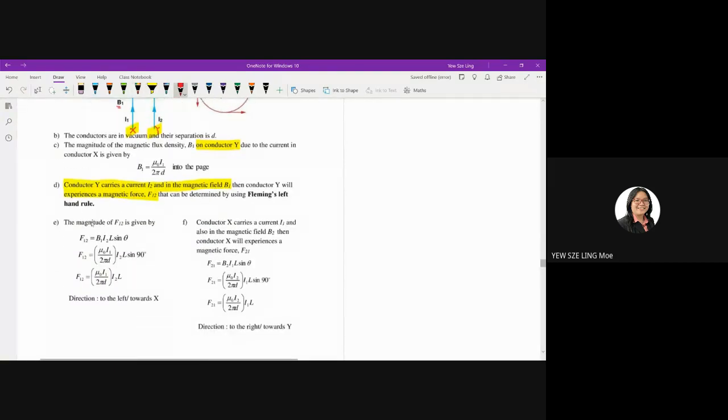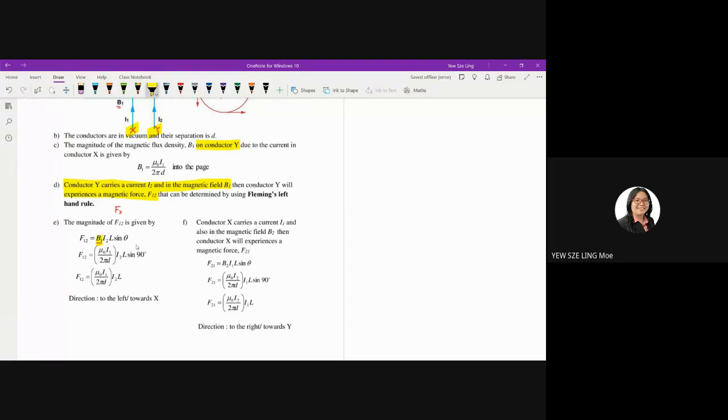All right. So the magnitude of the force is given by F equals BIL sine theta. But remember, F acting on conductor Y, atau kita kata kalau nak senang kita kata F2, F2 yang dihasilkan oleh conductor Y, it is because of the field coming from X, that's why you have B1 right here.